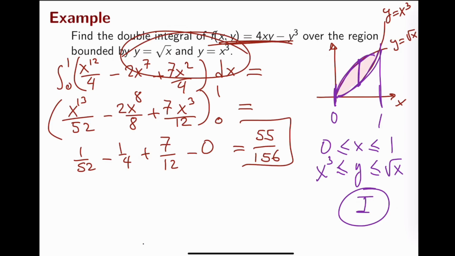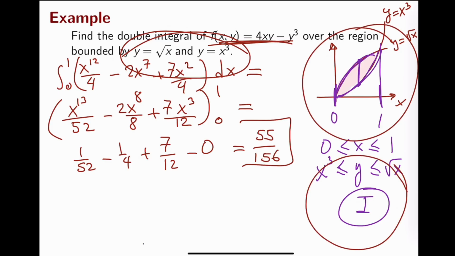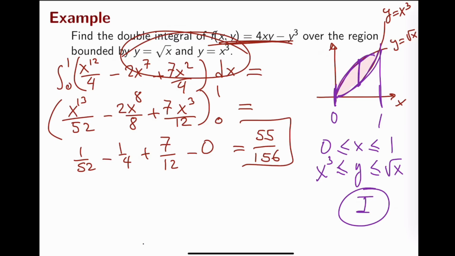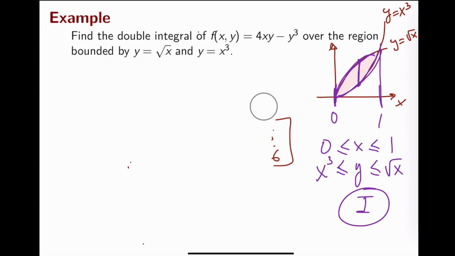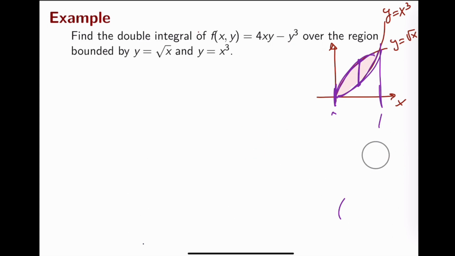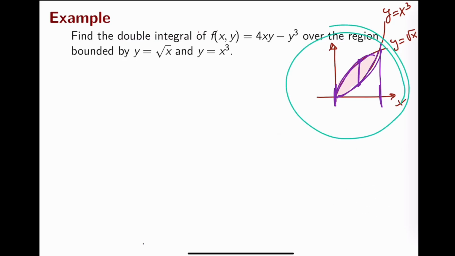As I said before, this region, we decided to describe it as a region of type 1, but we could have described this one as a type 2. I'm going to set up this description to see how would it be to set up the same region, but now as a region of type 2. Now we need to look at this region from this direction.